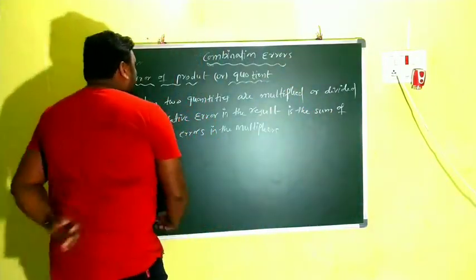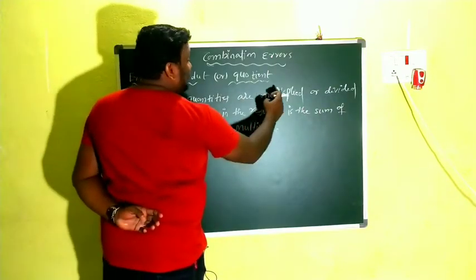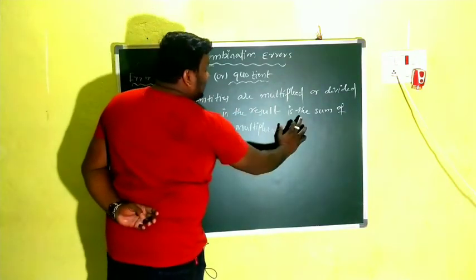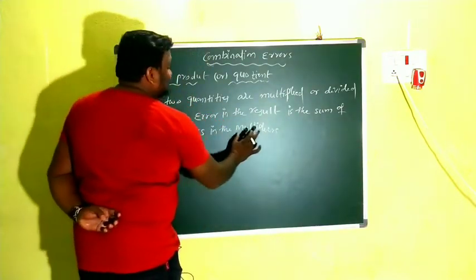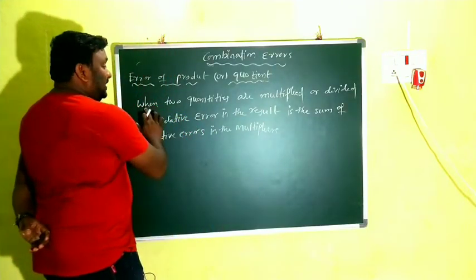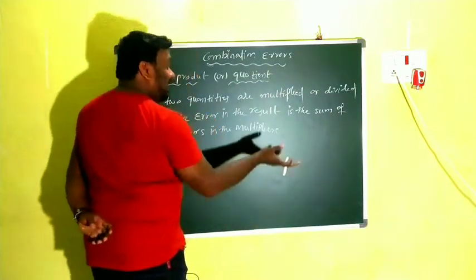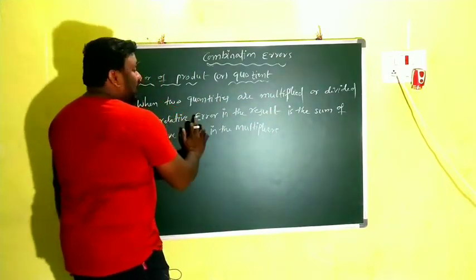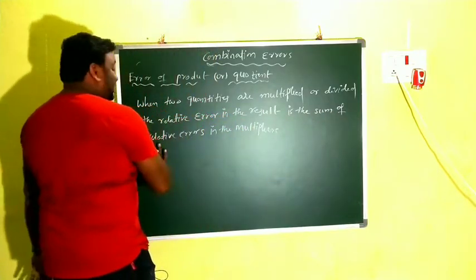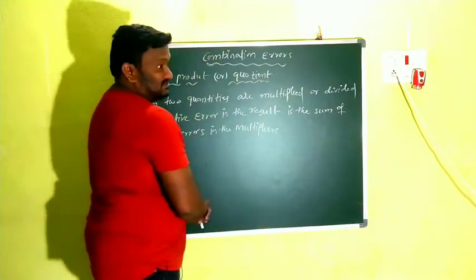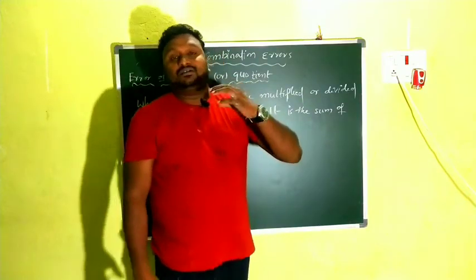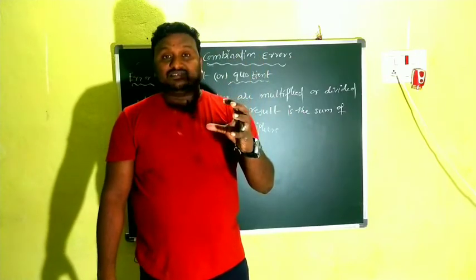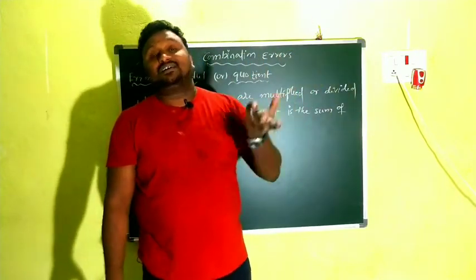When two quantities are multiplied or divided, the relative error in the result is the sum of the relative errors in the multipliers. Clear? The relative error in the result is nothing but the sum of the relative errors of the multipliers or constants.